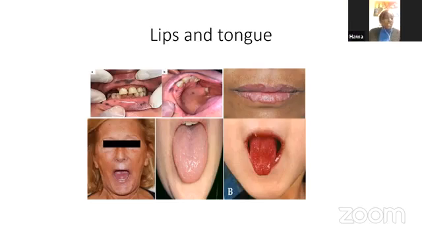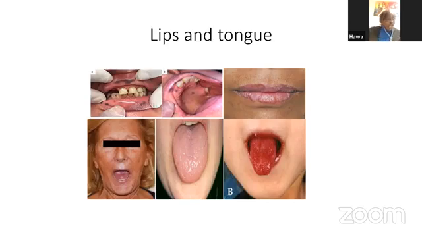When you have a beefy red tongue, it's a sign of vitamin B deficiency. Actually, pernicious anemia, vitamin B12. So patients with beefy red tongues usually look like that. Or you can have a glucagon secreting tumor, a glucagonoma. So that can also be one of the causes of a beefy red tongue.